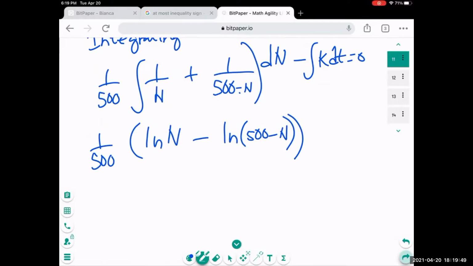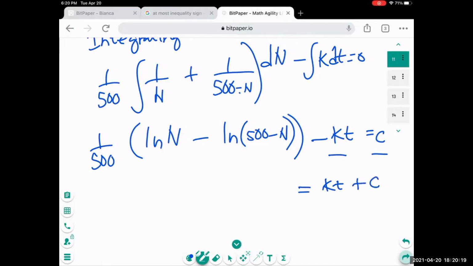So this would now be minus kt, of course, and let's equate it to an arbitrary constant c. Let's take out 500 from the logarithmic part. Let's move the kt to the right-hand side, so kt would become positive, plus c.